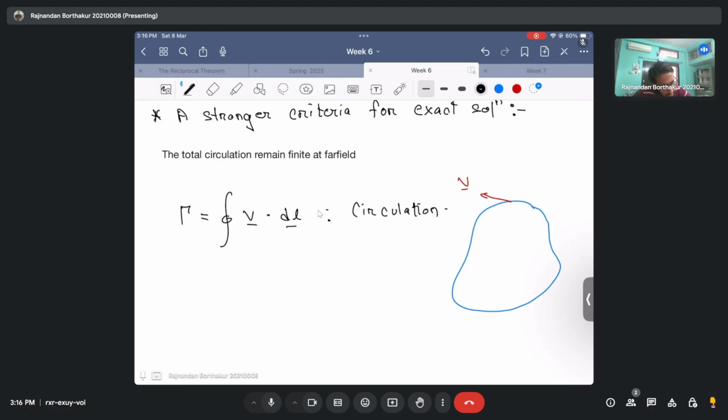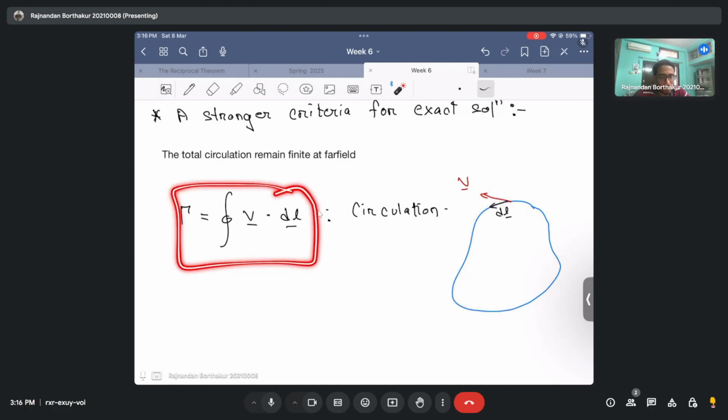For instance, the dl is going to be something like this. This is what dl bar will look like. If you integrate this particular vector field along this closed curve, this will give you circulation, and mathematically this is what it looks like.